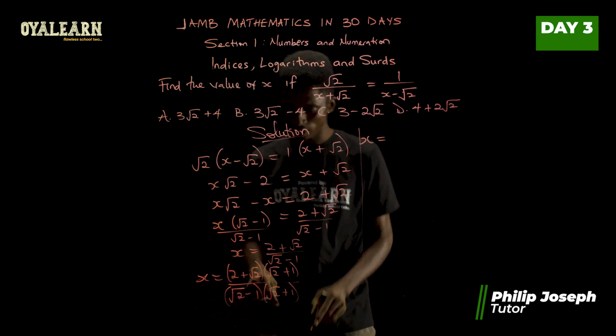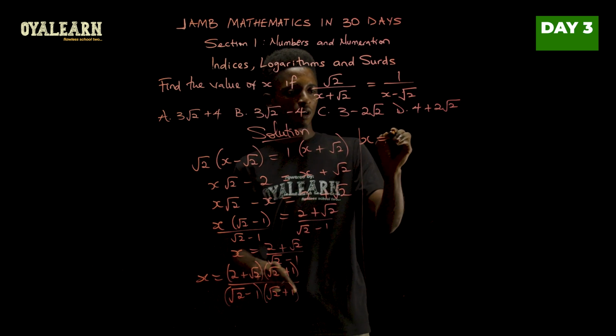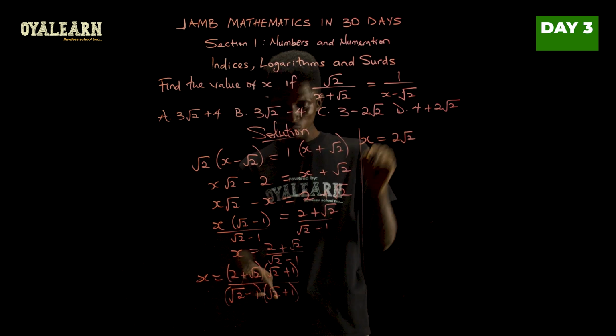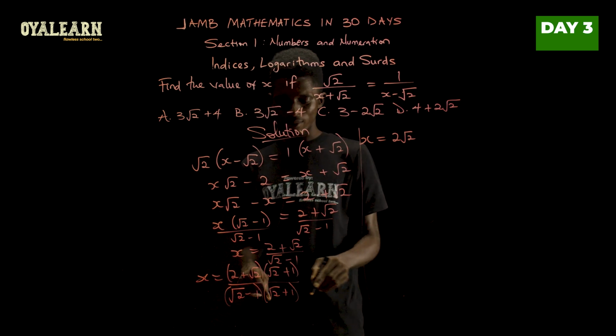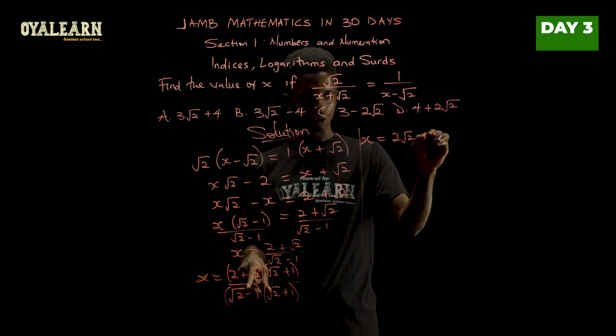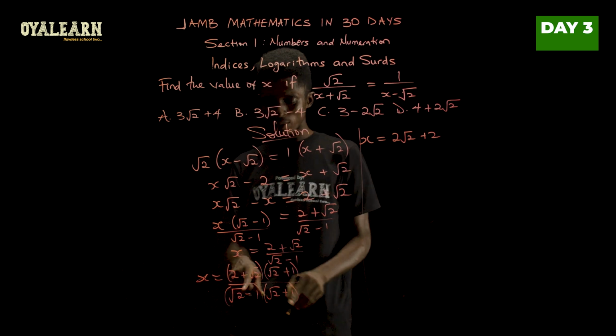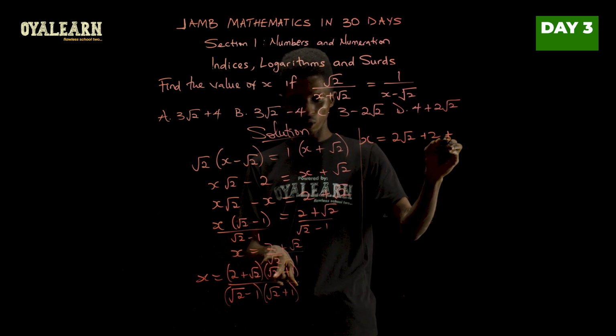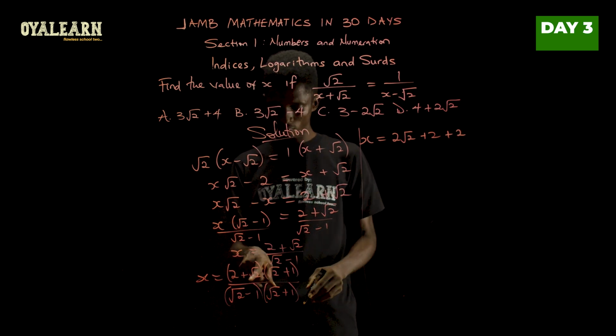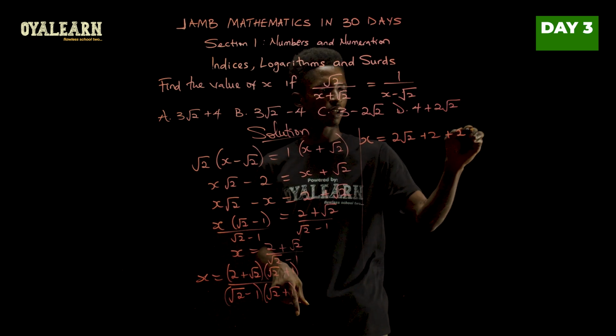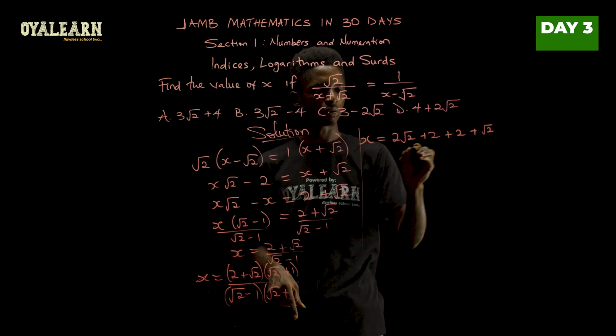x therefore becomes, now 2 times surd 2 will give us 2 surd 2. 2 times 1 will give us plus 2. Surd 2 times surd 2 will give us plus 2. And surd 2 times 1 will give us plus surd 2.